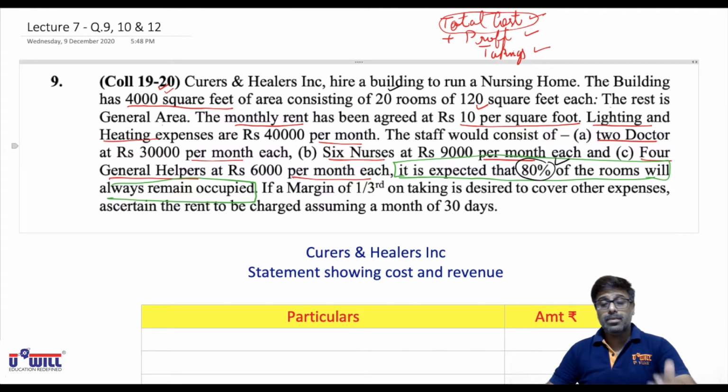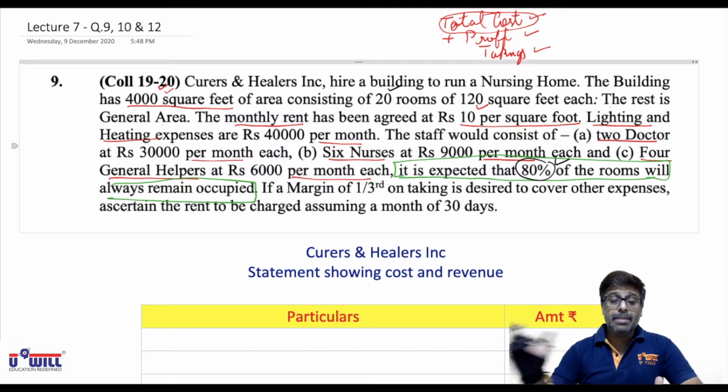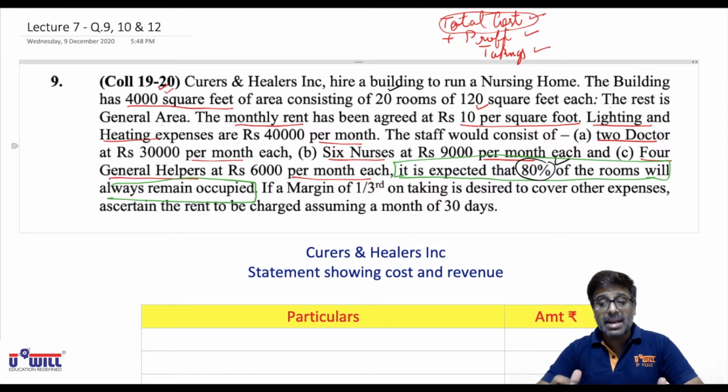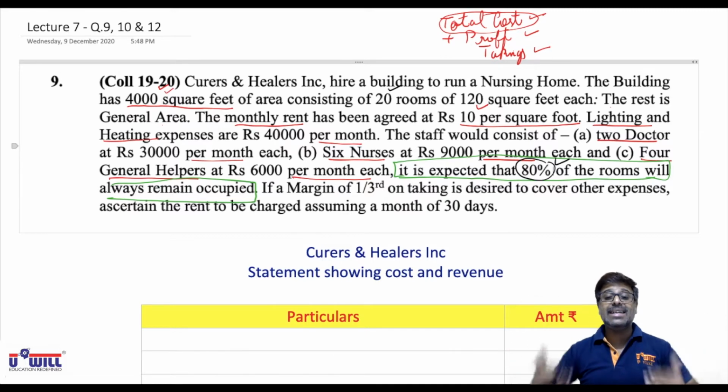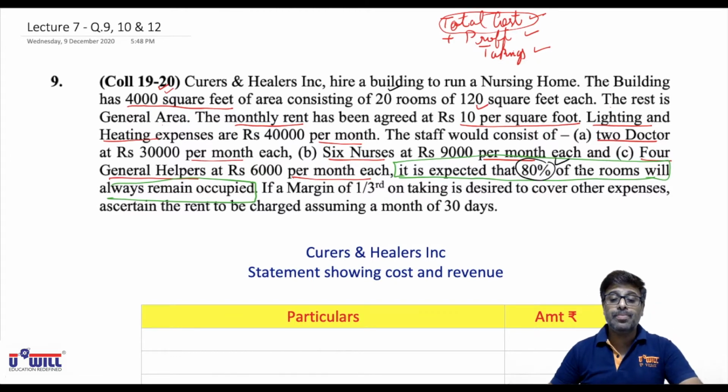You incur expenses on 20 rooms, but only 16 rooms are occupied by patients. So whatever expenses you incur on 20 rooms, you have to recover from patients of only 16 rooms. This point we discussed in the hotels chapter also.